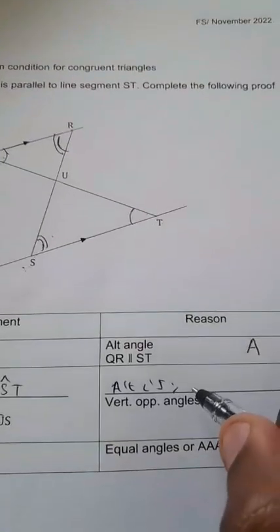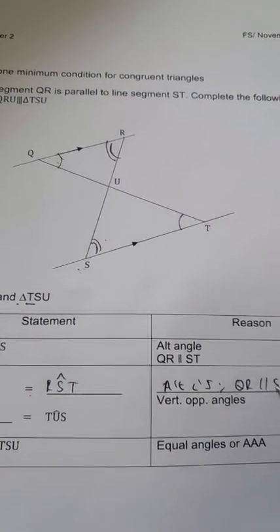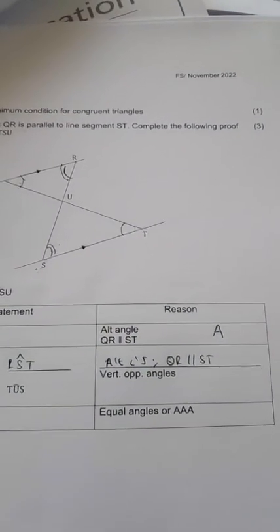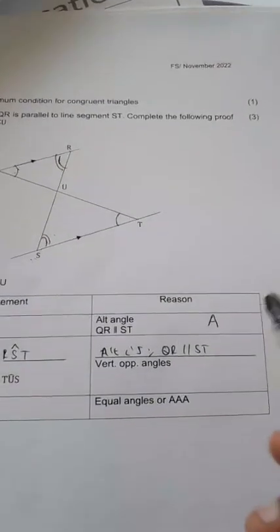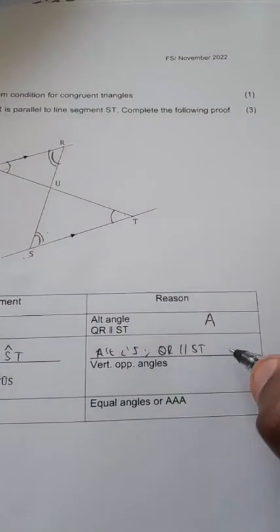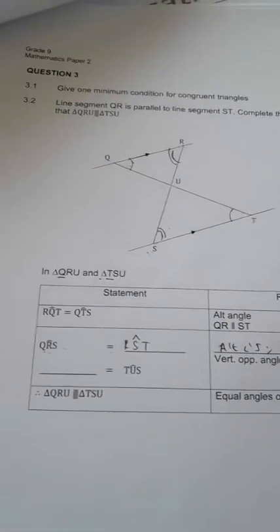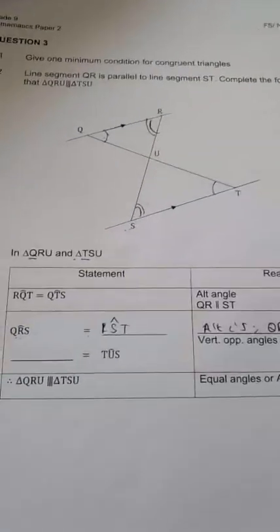Then let's not forget to state the lines that are parallel after that. QR is parallel to ST. Guys, almost like clockwork, you need to make sure you state the lines that are parallel. Do not make the mistake of just saying alt angles and not stating the lines that are parallel. This is our second A. Seems like our case for similarity is coming on very nicely.